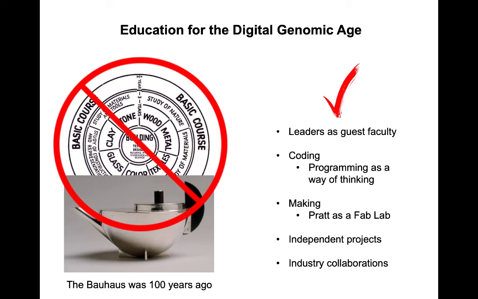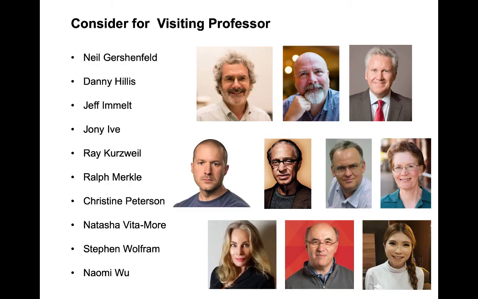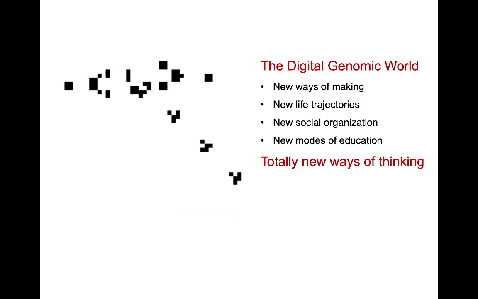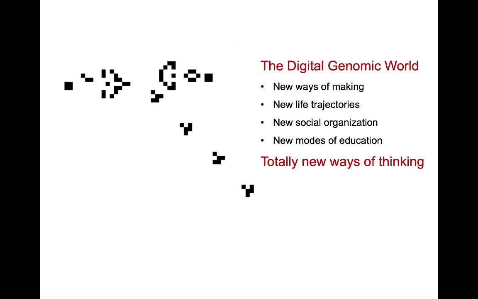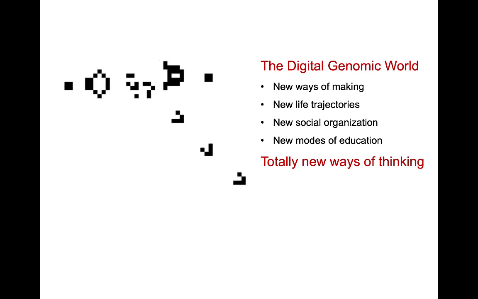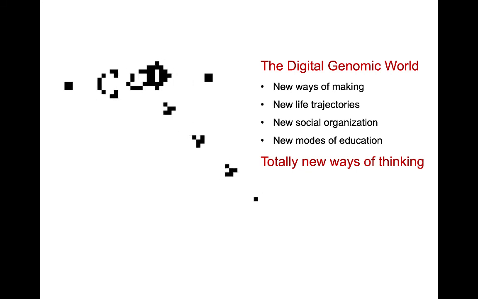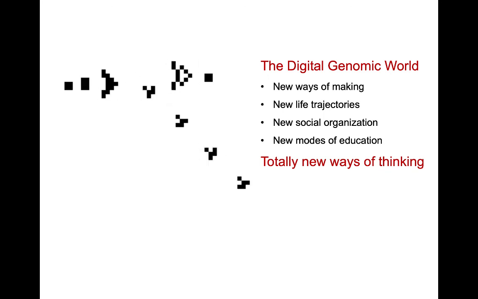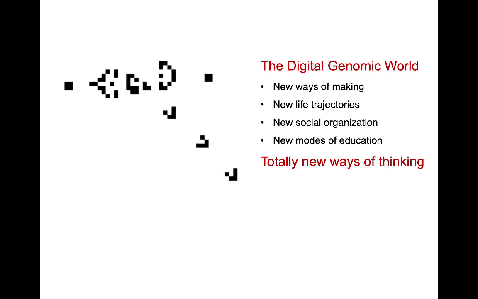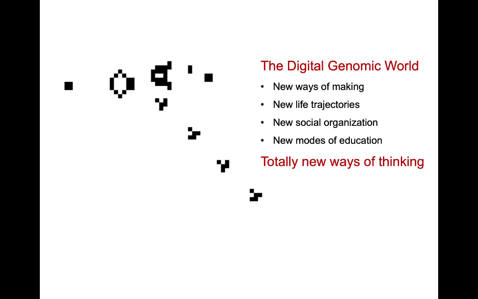So these are the people I've been bumping into at the conferences where I'm following this stuff, and I think they would make great visiting professors to come here. I'm envisioning a digital genomic world with new logics, new worldviews, new ways of making, new life trajectories. What you're going to do with your career totally changes. New social organization, new models of education, totally new ways of thinking.